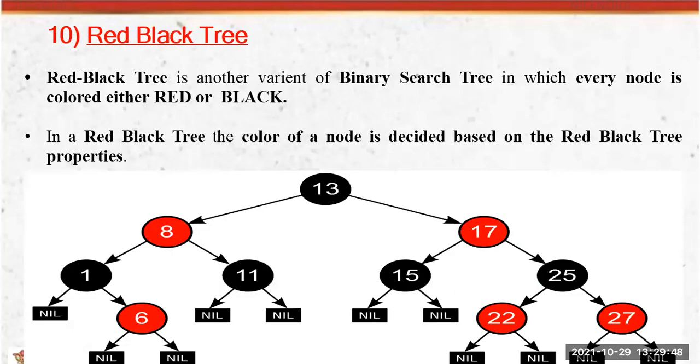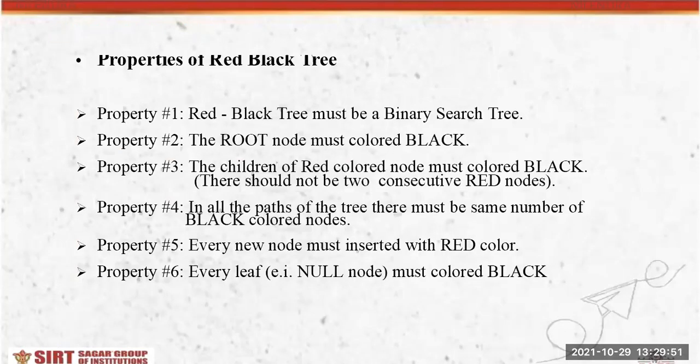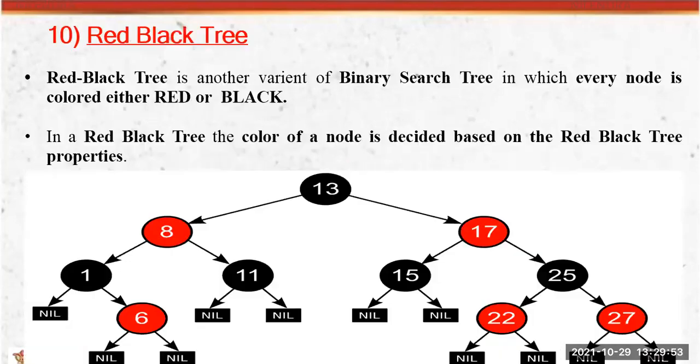Now this is your red black tree. This is the last tree in this category of types of trees. It is a kind of binary search tree only, where every node is either red or black for your convenience. Why? Because we have a few properties to understand a particular tree color-wise.